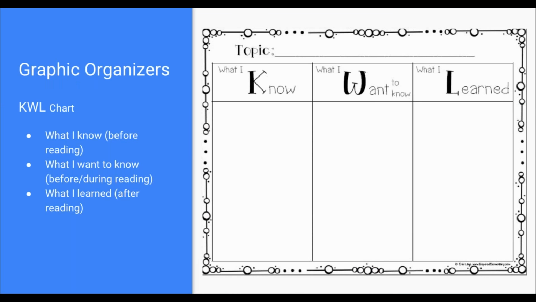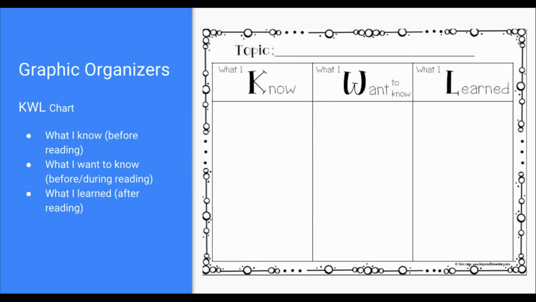These are an example of a graphic organizer. That's basically a way to put your thoughts on paper and help organize them. This is what we call a KWL chart. This can be used for pretty much anything. It's very good for reading comprehension, and again, it goes back to the background knowledge.